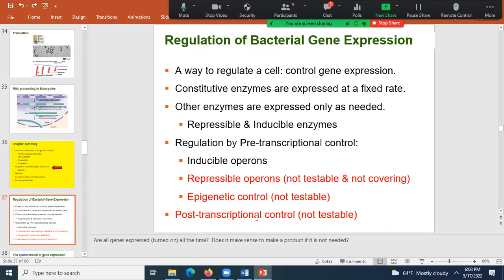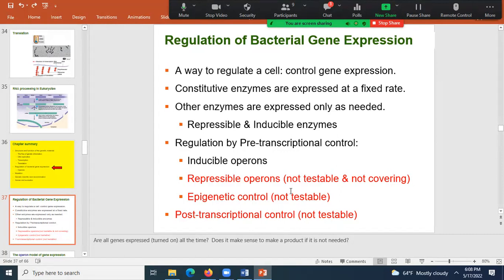So it is post-transcriptional, and then the gene product isn't made. And you can even do things like inactivate the protein. Okay, also post-transcriptional control. We're not going to talk about that, not going to be tested on it.